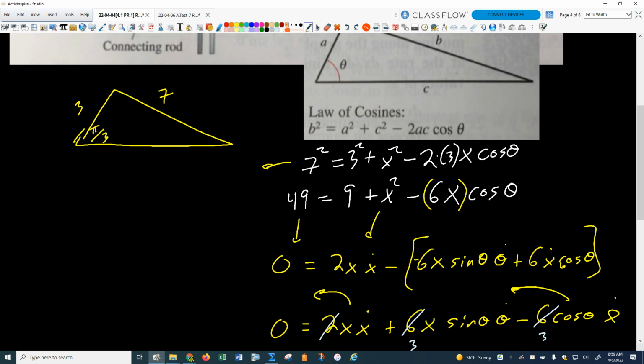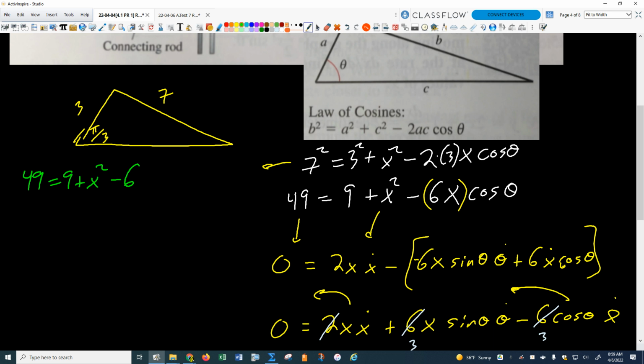So I'm going to end up with 49 equals 9 plus x squared minus 6 times the cosine of pi thirds, which is, what, 1/2?